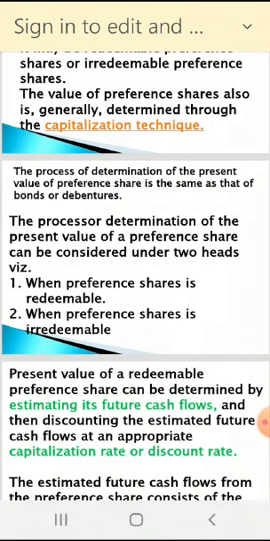Just we have to change two things. One, instead of bond, we write preference share. And instead of interest, we write preference dividend rate. Here we are giving dividend, while to debentures or bonds we are giving interest.